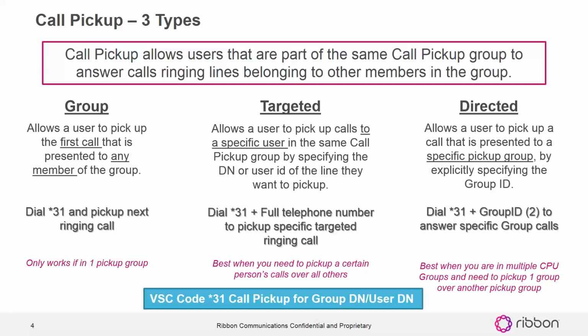So you'll put in *31 and that group ID. In my demonstration here, it's the second call answering group that was created, so it's group 2. I'll put in *31 and group 2, and then I would pick up the sales pickup group over Ted's pickup group, if both of them were ringing.